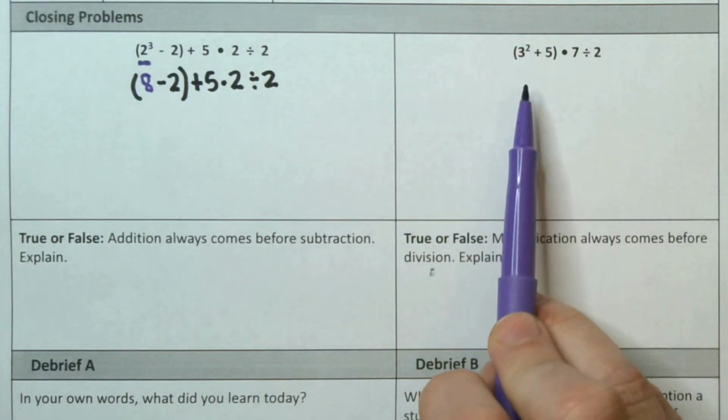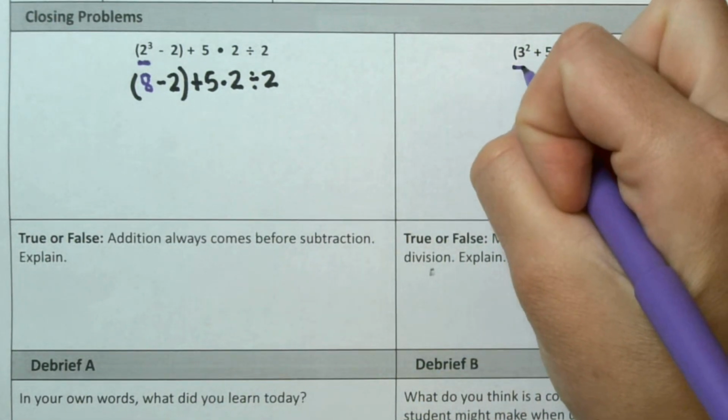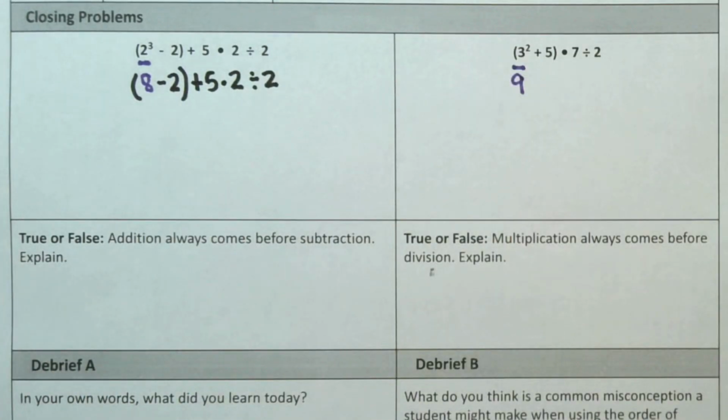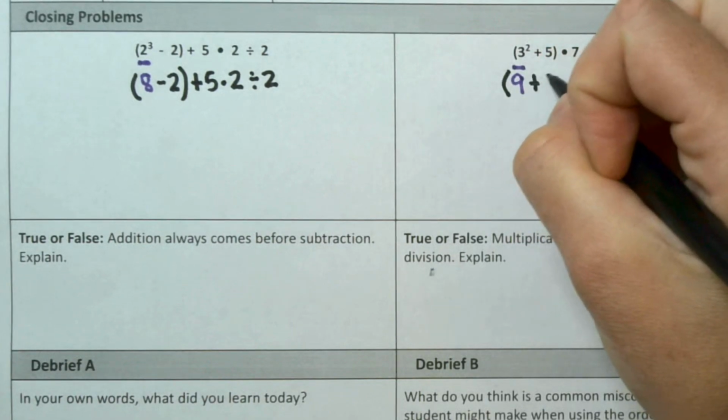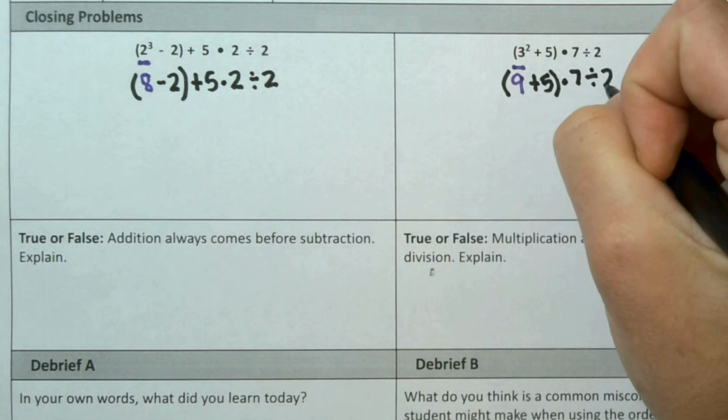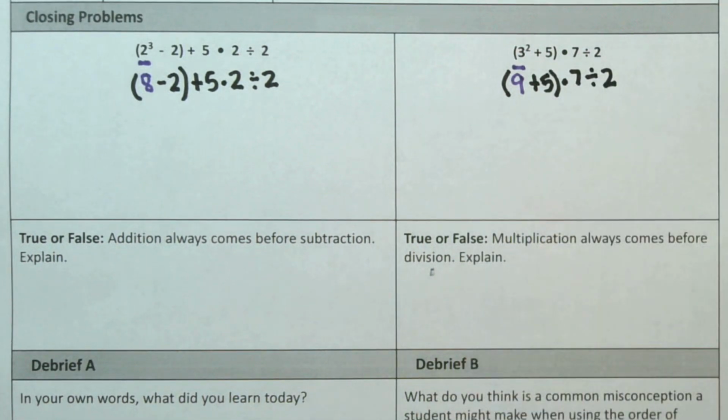And then in this problem right here, once again, we're just doing the exponent. 3 times 3 is 9. You should have kept the plus 5 in parentheses and brought down everything else. I'm not going to go over the rest of this problem, but we do have one last thing to do.